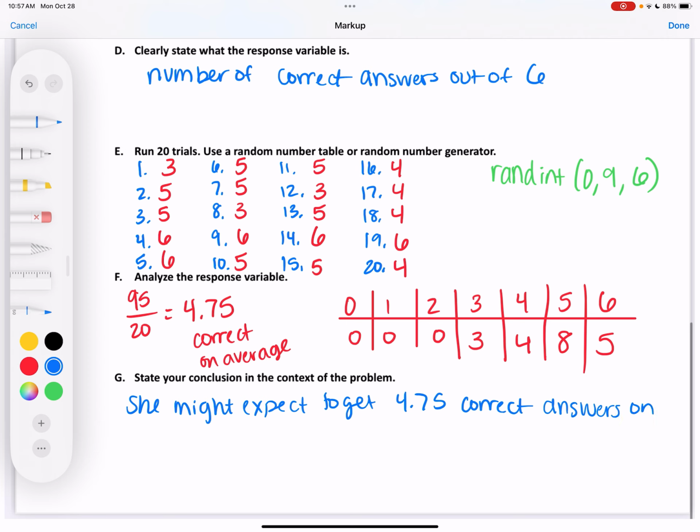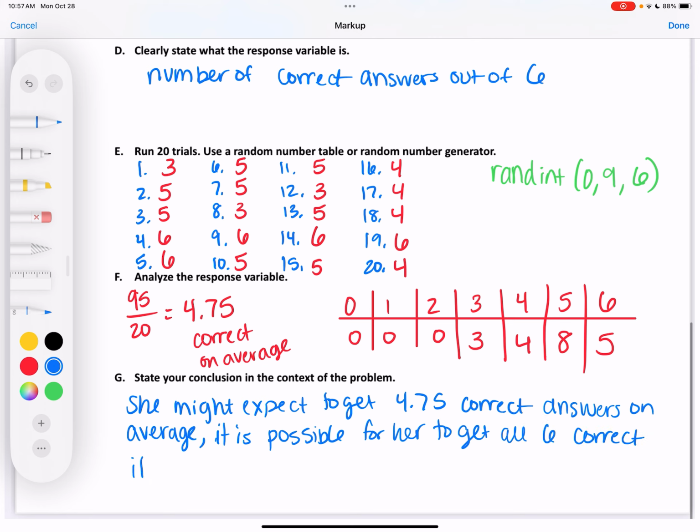So on average, it is possible for her to get all 6 correct. It happened, and then say however many times it happened in your simulation. So for me, it happened 5 times.